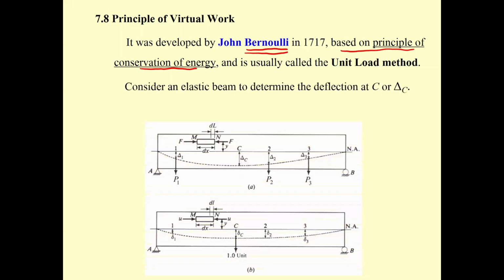First, think about the elastic beam, and this elastic beam is subjected to many forces, maybe P1, P2, P3, P4, P5. Under the application of the forces, the beam has elastic deformation.